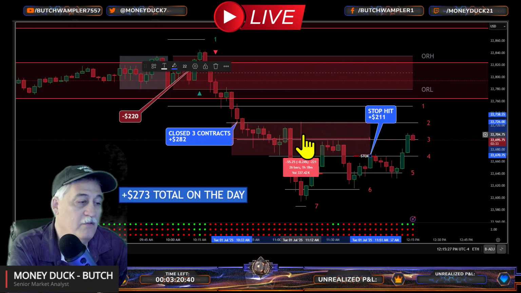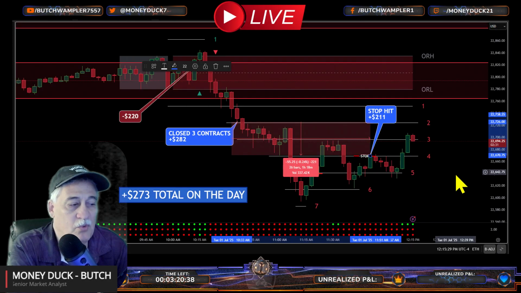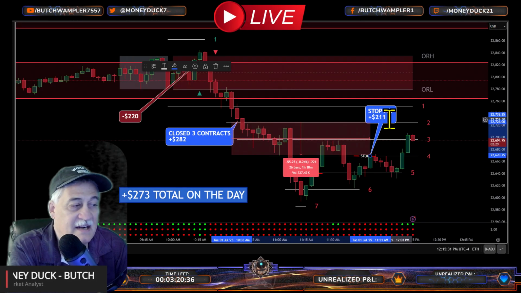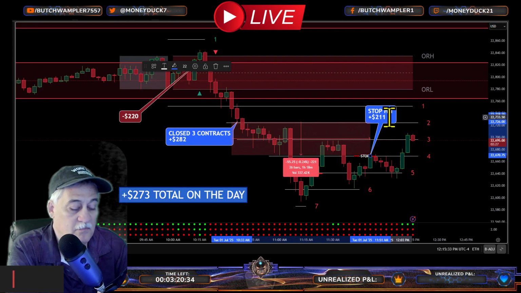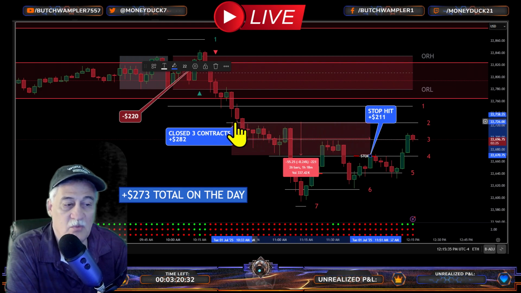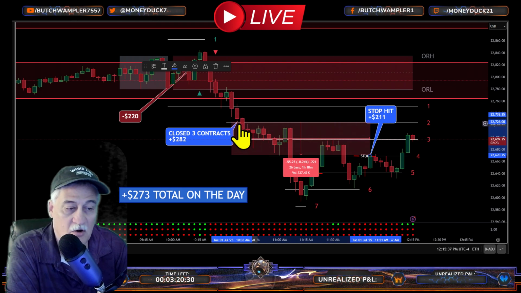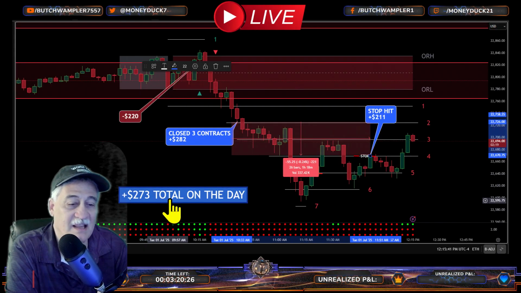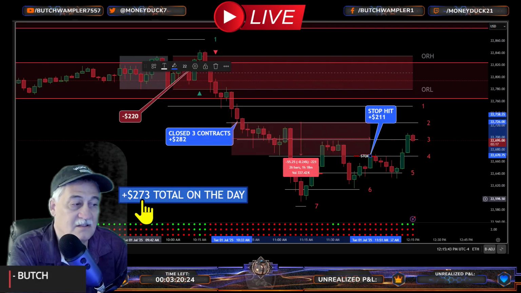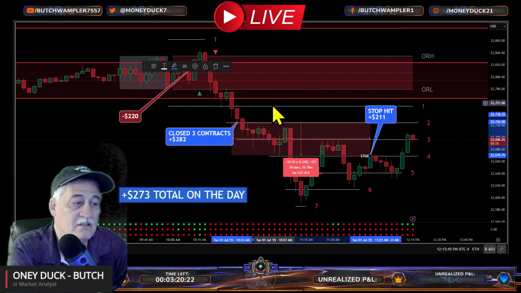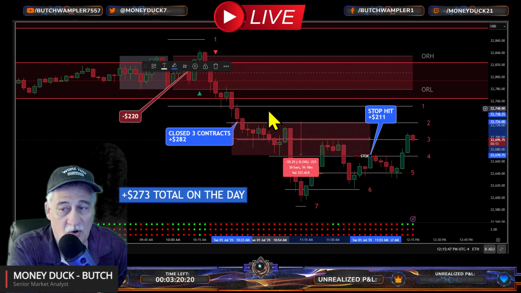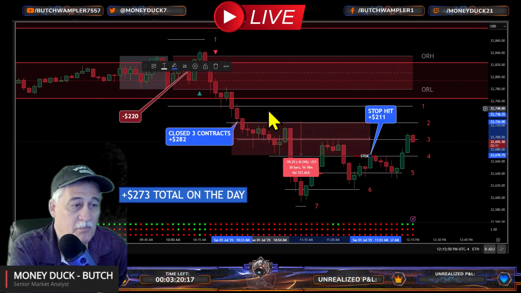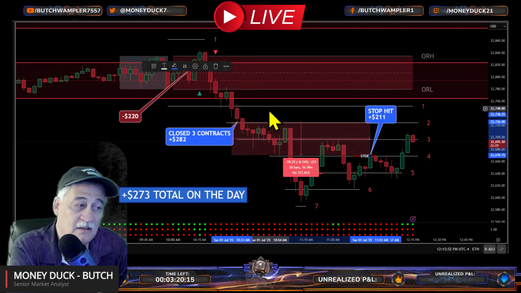So by moving my stop, by leaving the runner on, I got an extra $117 than if I would have closed all. So if I'd have closed off all 4, I'd have been $117 less than this, okay, on the day. So again, by leaving runners on, you typically will capture more profit if things run, okay?